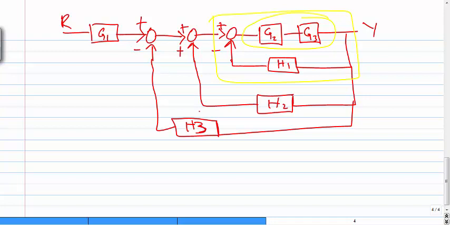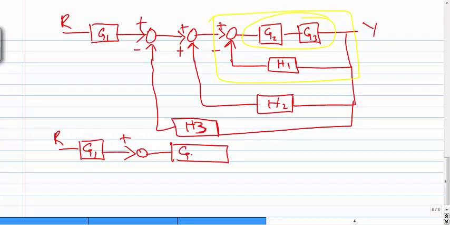Because these are connected into a single bit, and this input and output is the same, we can rewrite it as G1, then a feedback. Because these two are in cascade form, we can write it as G1 G2, and these three are adding with the same input, so we can write it as a single block.